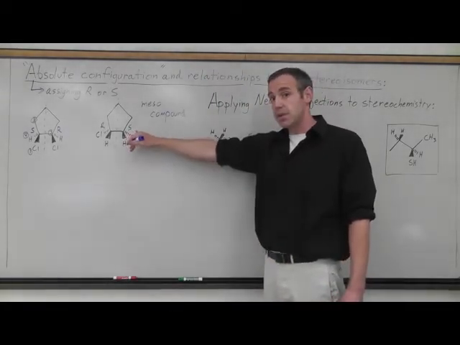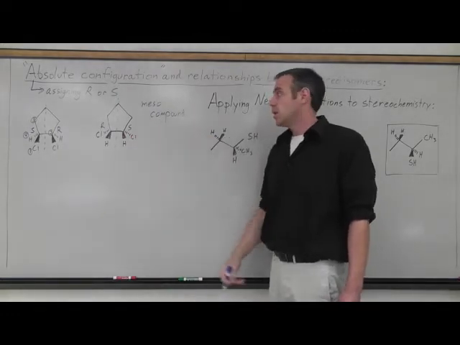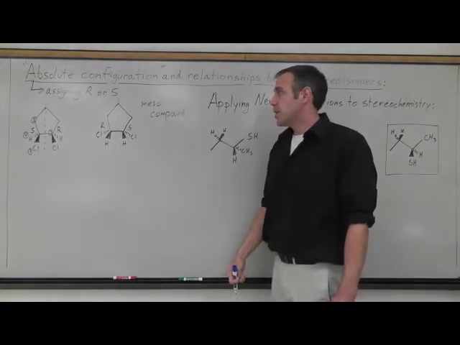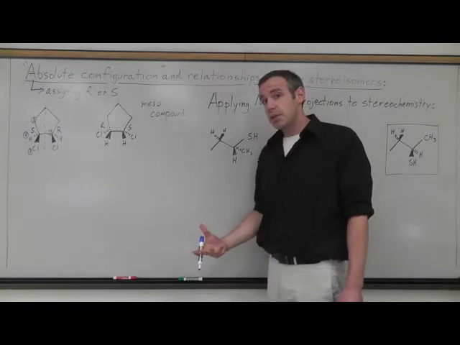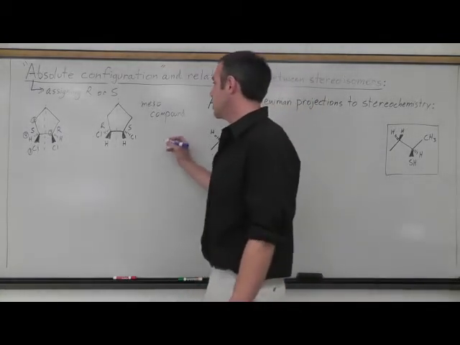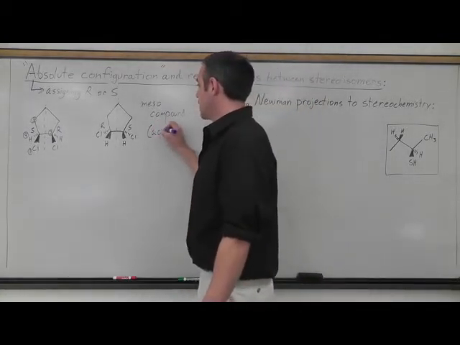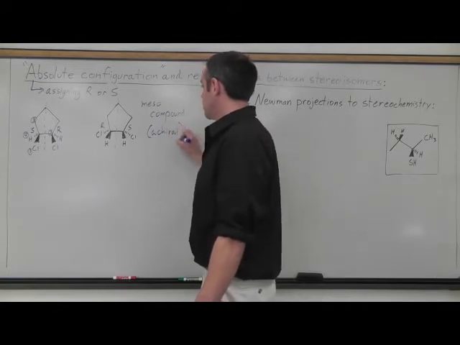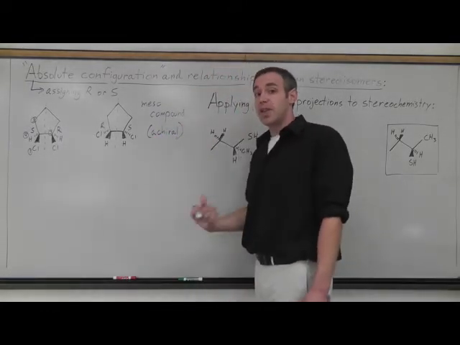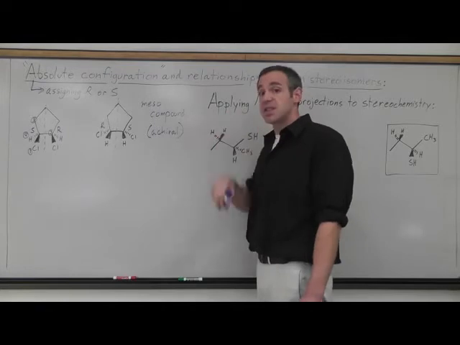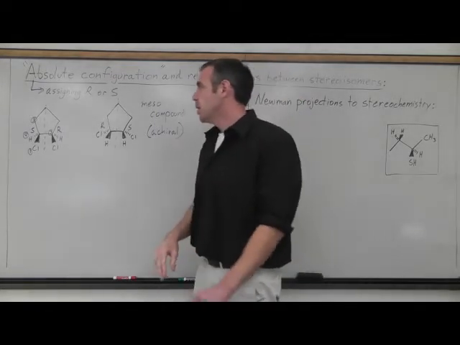These absolute configurations are still true, but it turns out this molecule is not chiral due to its internal symmetry. It's referred to as achiral, without chirality, even though it does have stereocenters.